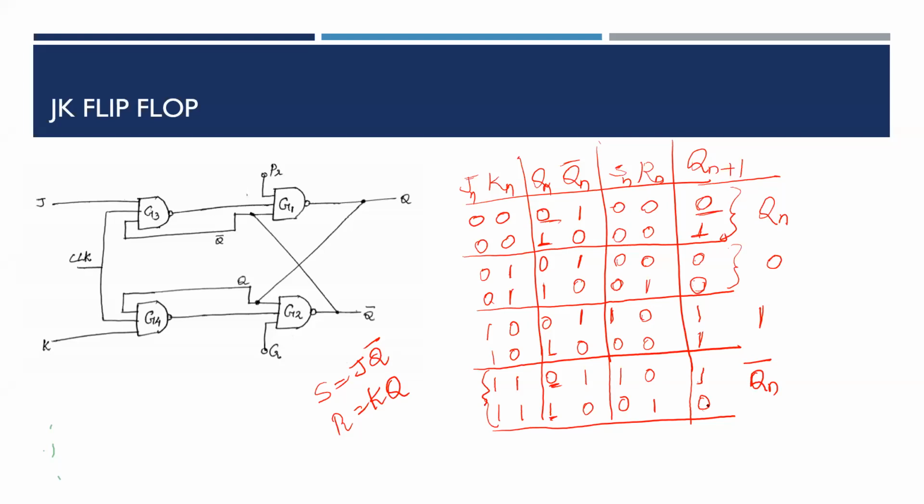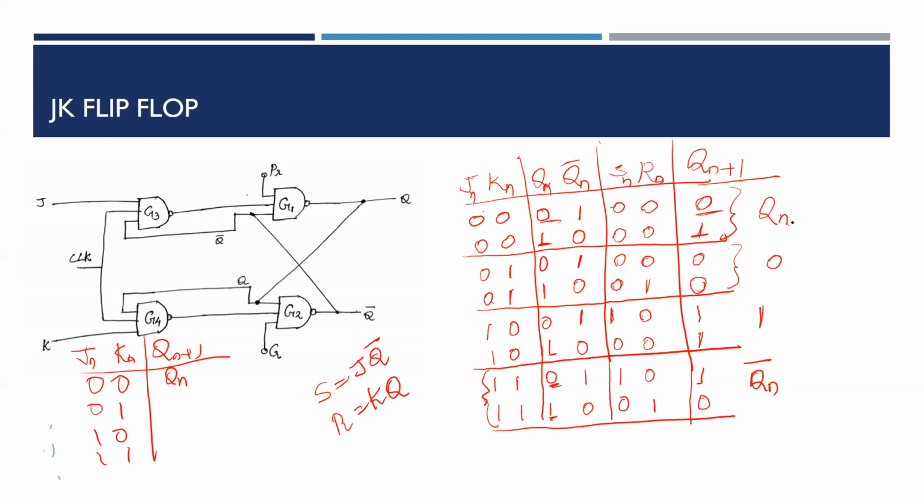Okay. Now I am rewriting this table. J, K, Qn plus 1. Possible combinations for J and K are 0 0, 0 1, 1 0, 1 1. So our output is, when J equal to 0, K equal to 0, output is Qn.